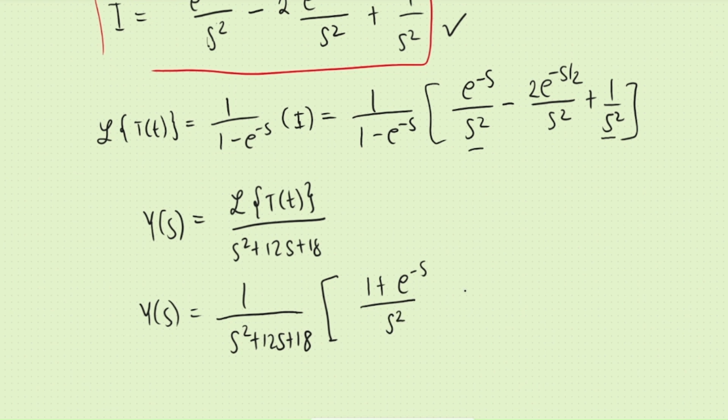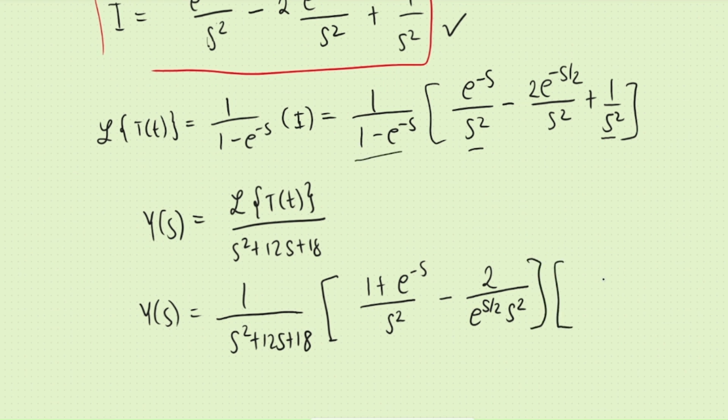Over s squared, minus, let's bring this down, e^(-s/2) we'll make it e^(s/2) times s squared. I'm just making this identical to our inputted answer so that you know they're clearly identical.